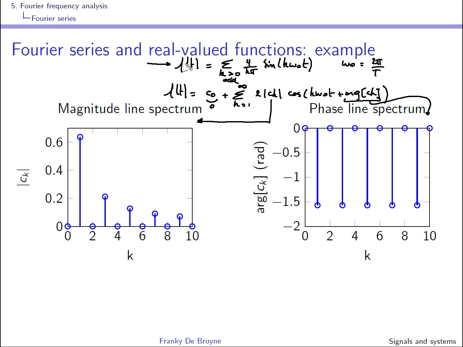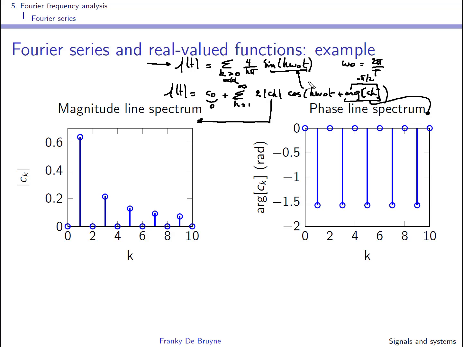We see in these spectra that when k is odd, we read in the phase line spectrum that the argument is minus pi over 2. If we put minus pi over 2 in here, the cosine becomes a sine, and this is indeed what we see over here.